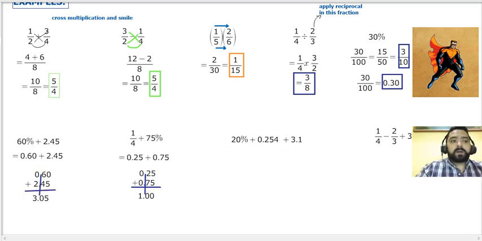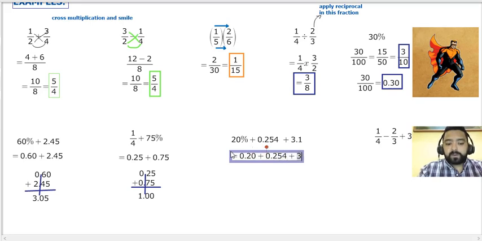Now here we have 20%, 0.254, and 3.1. The three of them are rational numbers with terminating decimals. So this 20% I'm going to change to a decimal: 0.20 plus 0.254 plus 3.1. And then you're going to add them.